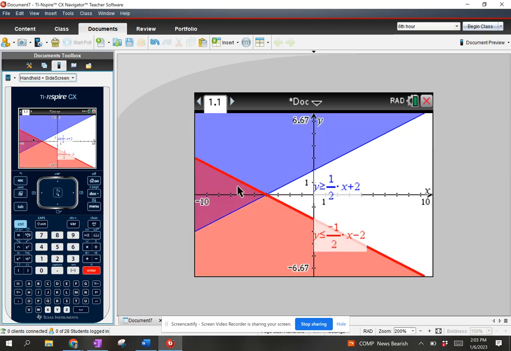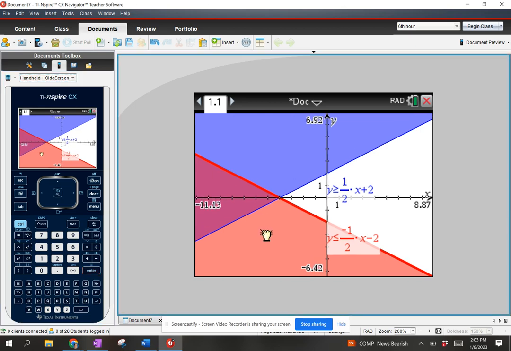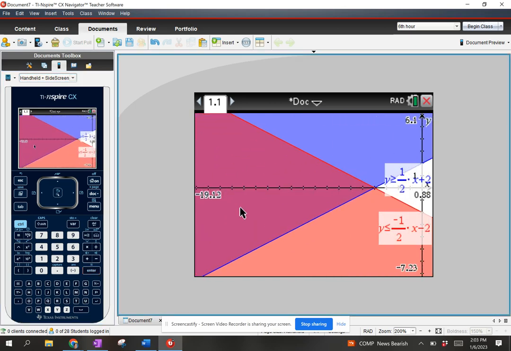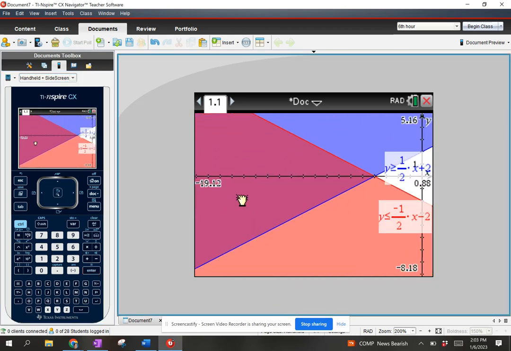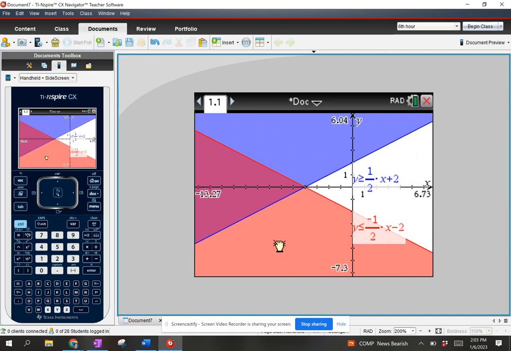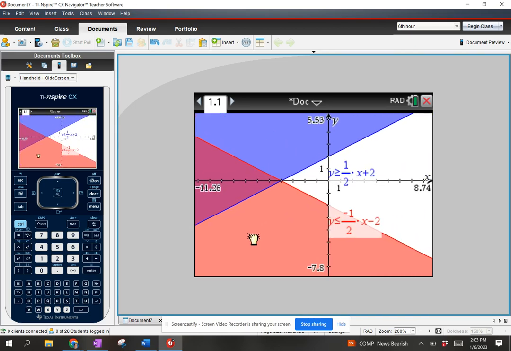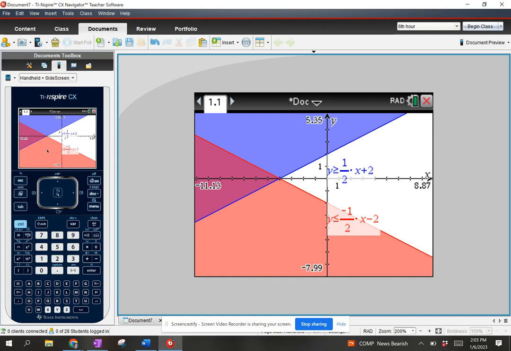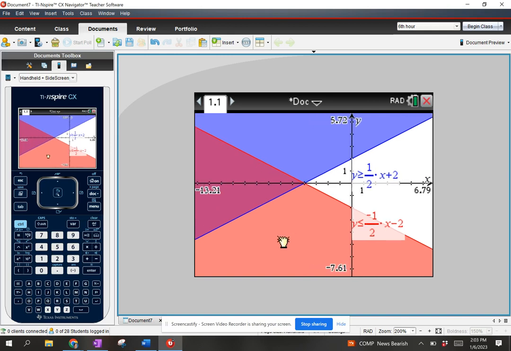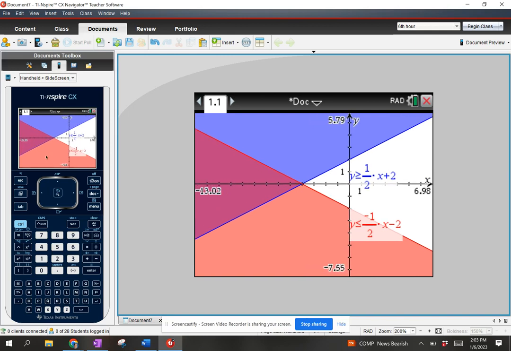So there you go. And the part that I said, if you grab your screen or you play with the zoom, you can see all of the double shaded area. So if you don't want to pick the two ordered pairs that I did, there's an infinite amount of solutions for you to choose from.